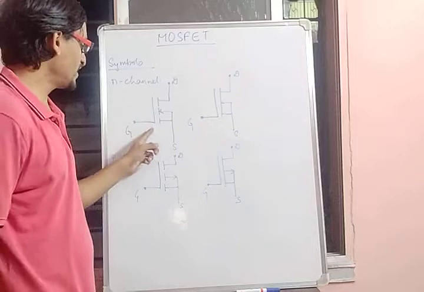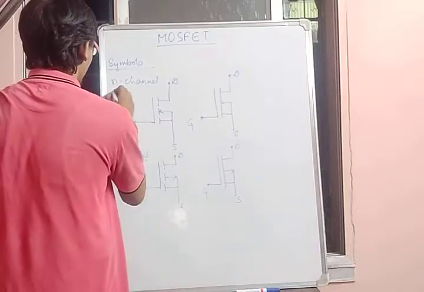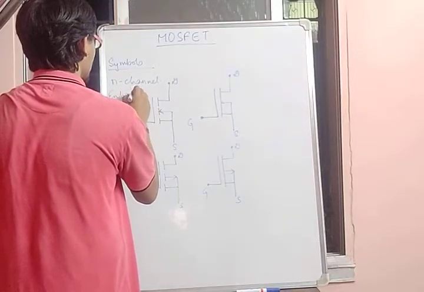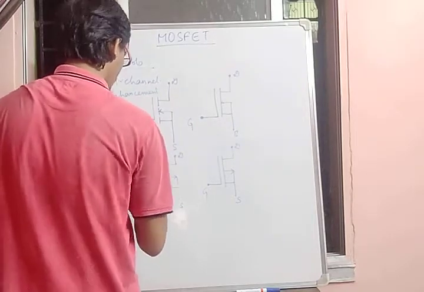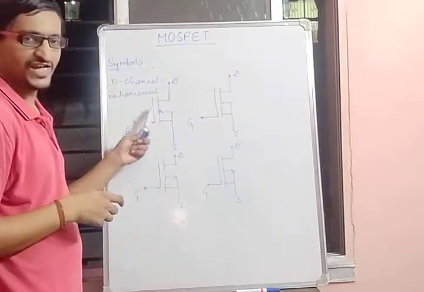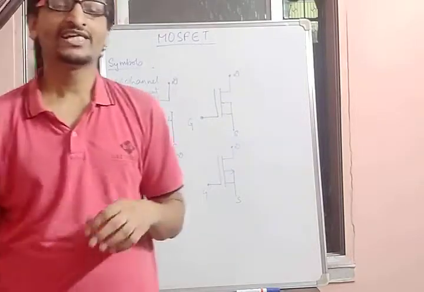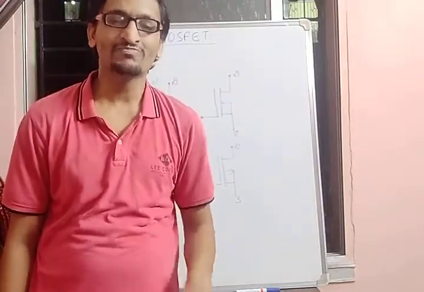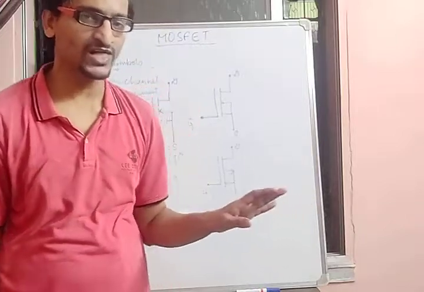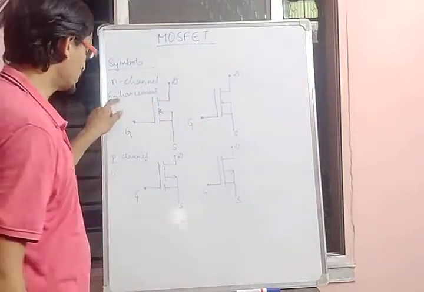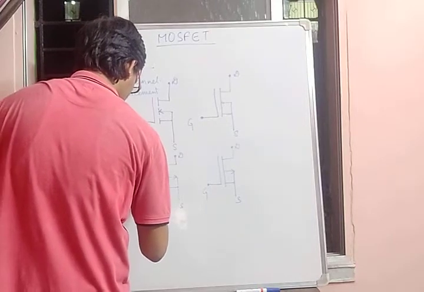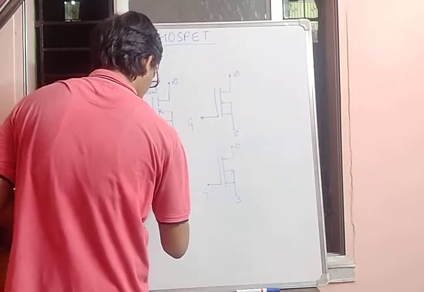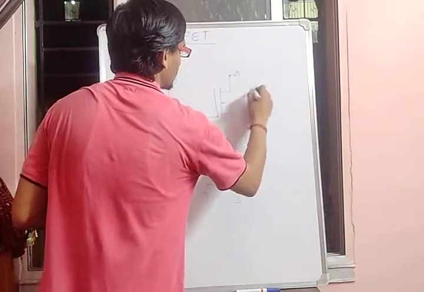This symbol is used for the enhancement type MOSFET, this one as well as this one. This broken line represents that when your gate to source voltage is 0, at that time no current will flow through the device. So these are for the enhancement type MOSFET. And these two are for the depletion type.